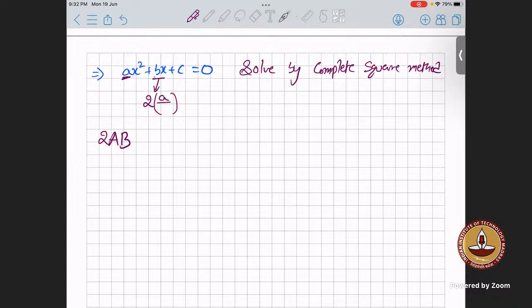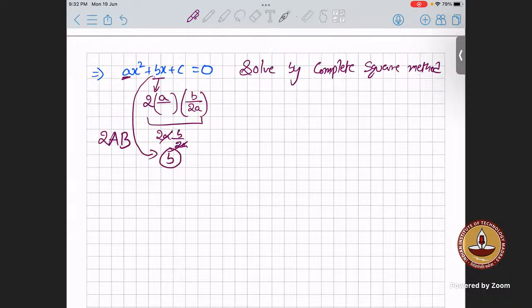And you can adjust the B value. Adjust B by 2A. If you multiply all this, 2A, B by 2A, B. Are you getting the point?